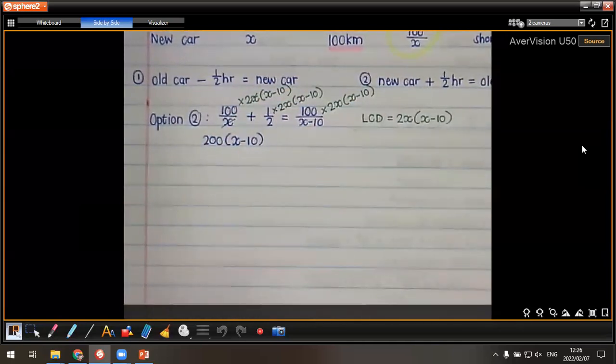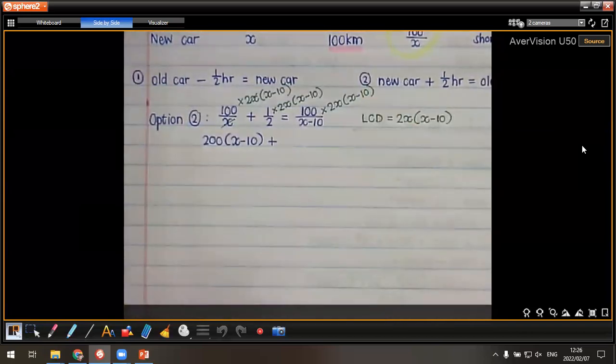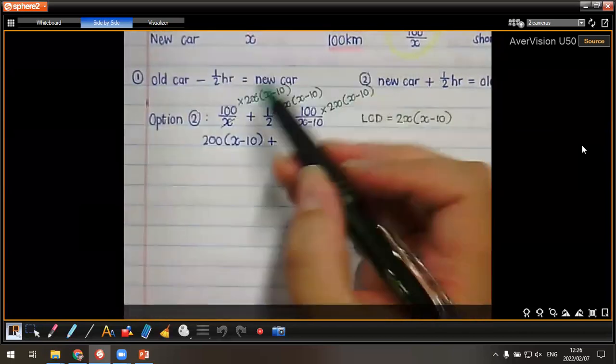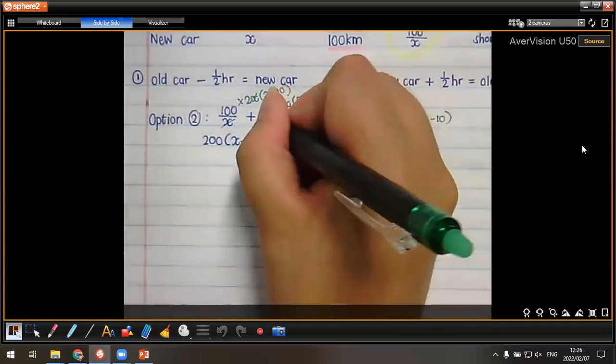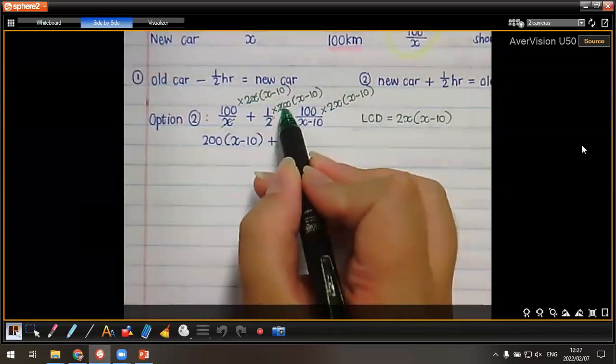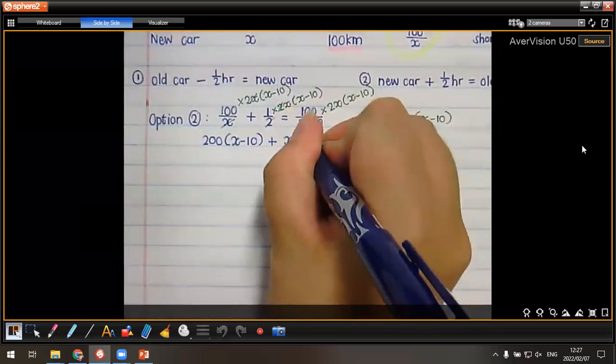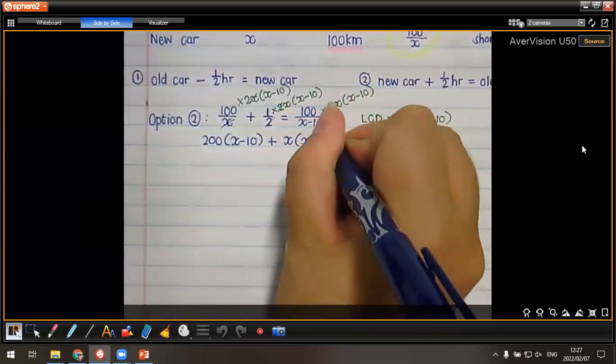Okay, that's what's left from that first term. Plus the second fraction, what's cancelling out? The 2 at the bottom with the 2 at the top. Yes. So there's a 1x, which is just x and x minus 10. So x and x minus 10.